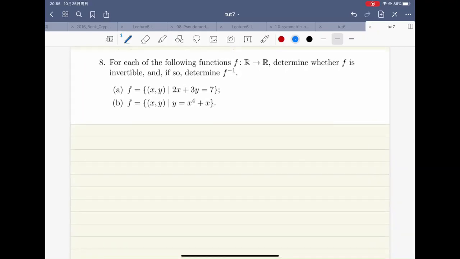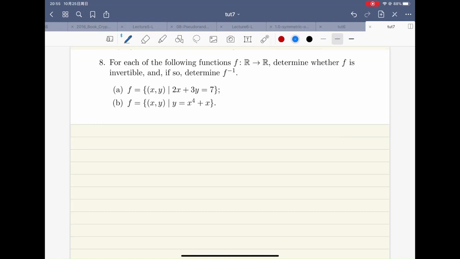And in the first function, f equals the ordered pairs (x, y) such that x plus 3y equals 7. Is this function a one-to-one function? This one is one-to-one, right? Because if we have f(a) equals f(b), then a must equal b, right?